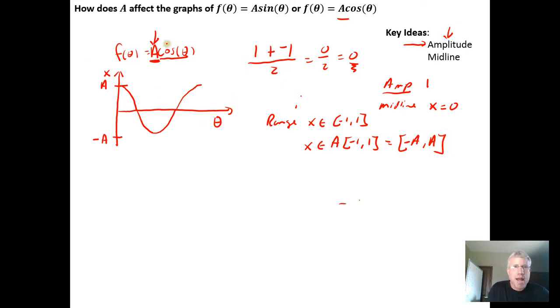It's still going to go out to 360 degrees or 2 pi radians. It's still going to break into the 4 key intervals: 90 degrees, 180 degrees, 270 degrees, just like it did before. All a does is stretch or compress.